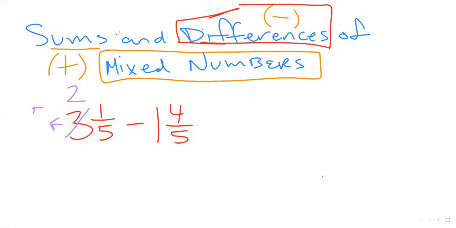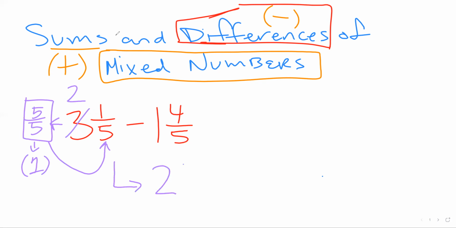And that whole I'm going to call 5/5, because that's true, 5 divided by 5 is 1. It's the same thing. I'm going to take those 5/5 and regroup them into the 1/5. So this turns into 2 and 6/5, because I combined my 5/5 here and my 1/5 here to get 6/5.